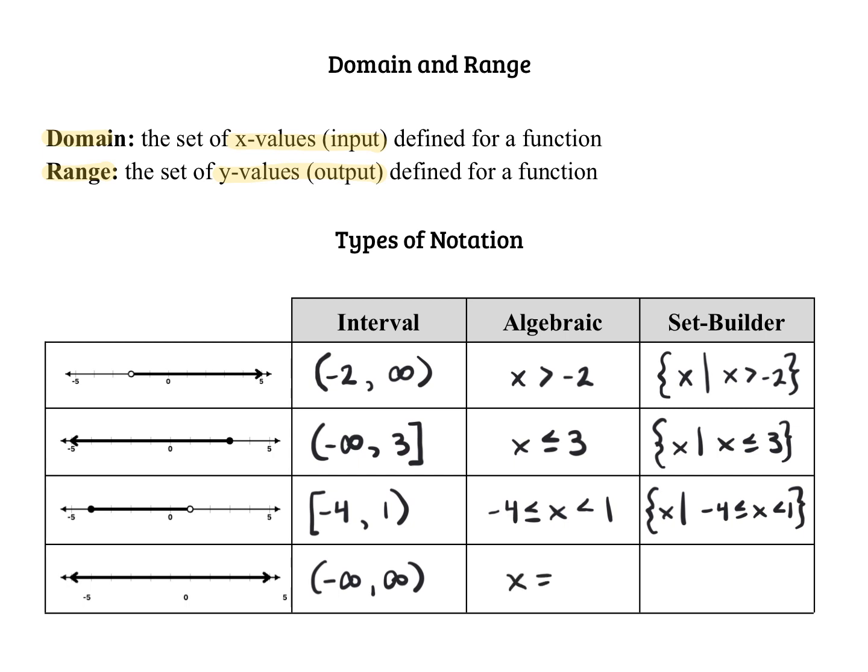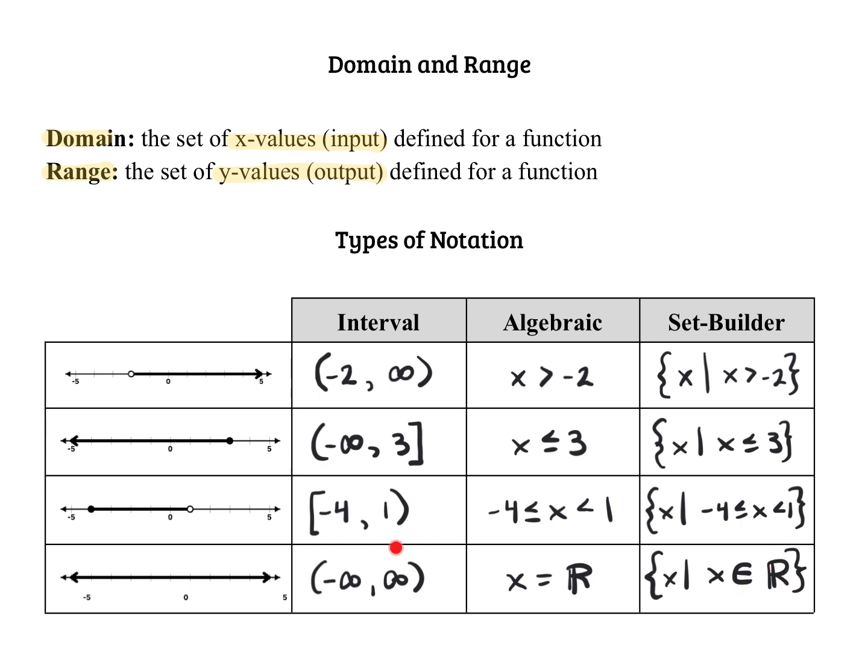So we could say x equals all real numbers, which is that capital R with the extra vertical line. And then for set builder, we'll get a little bit fancier. We'll say x such that x is represented by all real numbers. So you can see for this one, I'm using this sideways kind of E shape to denote that it is all real numbers.